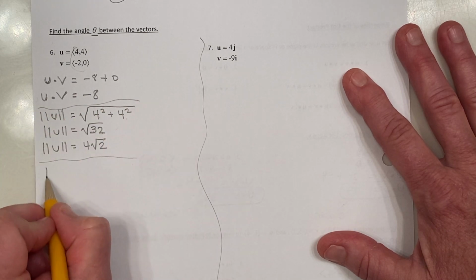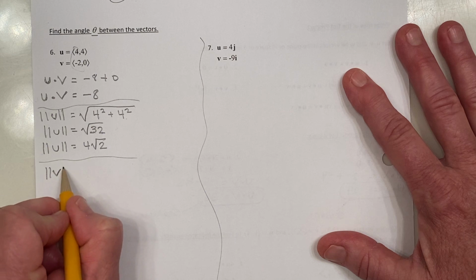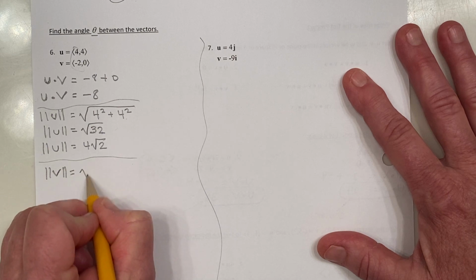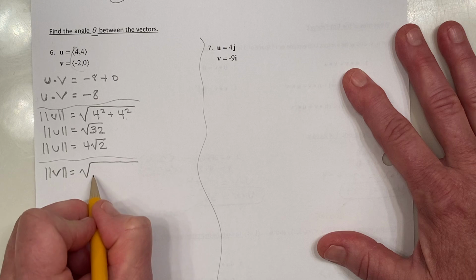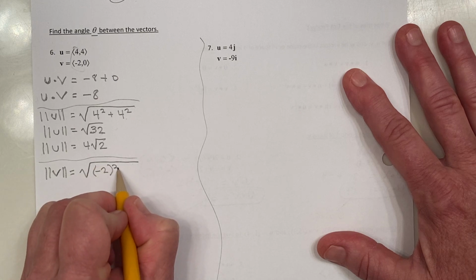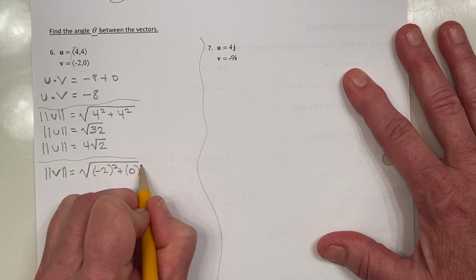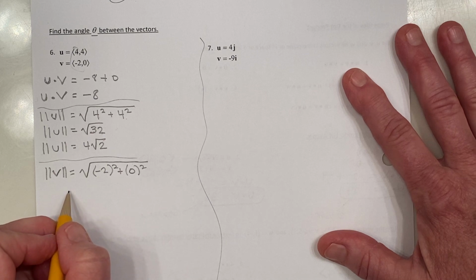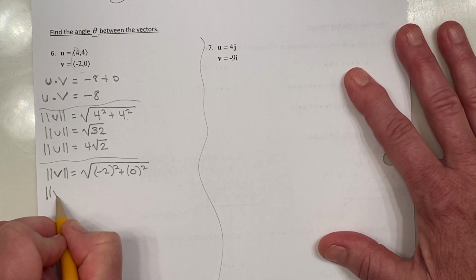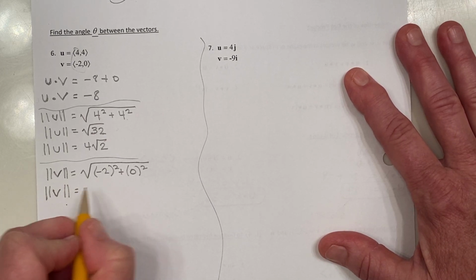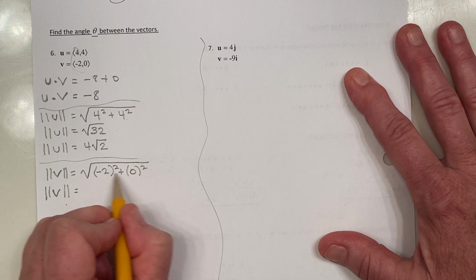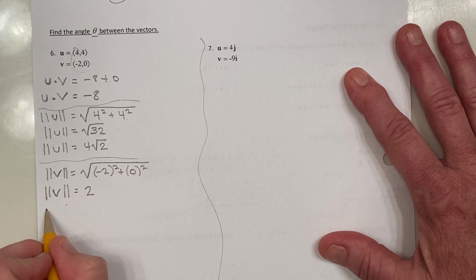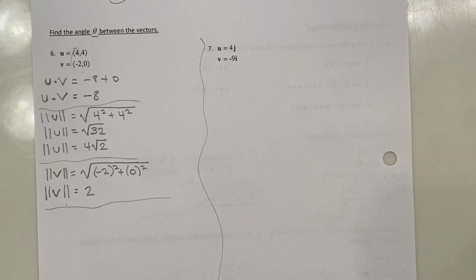Okay, so I still need the magnitude of vector v. Magnitude means square root. Go to vector v, square each component, add together, and square root. Well, it's going to be 4 and 0, so just 4. Square root of 4 is 2. All right, so we have everything we need now to assemble our formula to do an arc cosine.